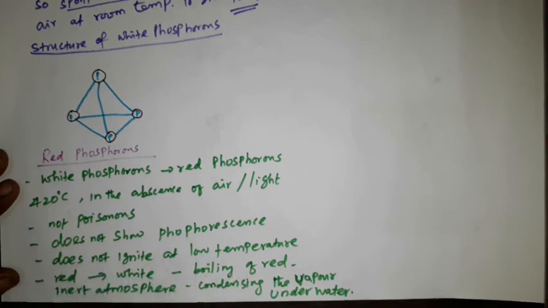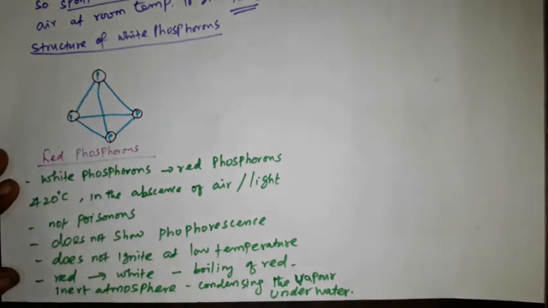So you have to apply some heat, and then only it can catch fire. It will not show any spontaneous combustion. Then red phosphorus also can be converted to white phosphorus by boiling it in an inert atmosphere. Then you have to condense that vapor under water. Okay, so these are the main differences between red phosphorus and white phosphorus.